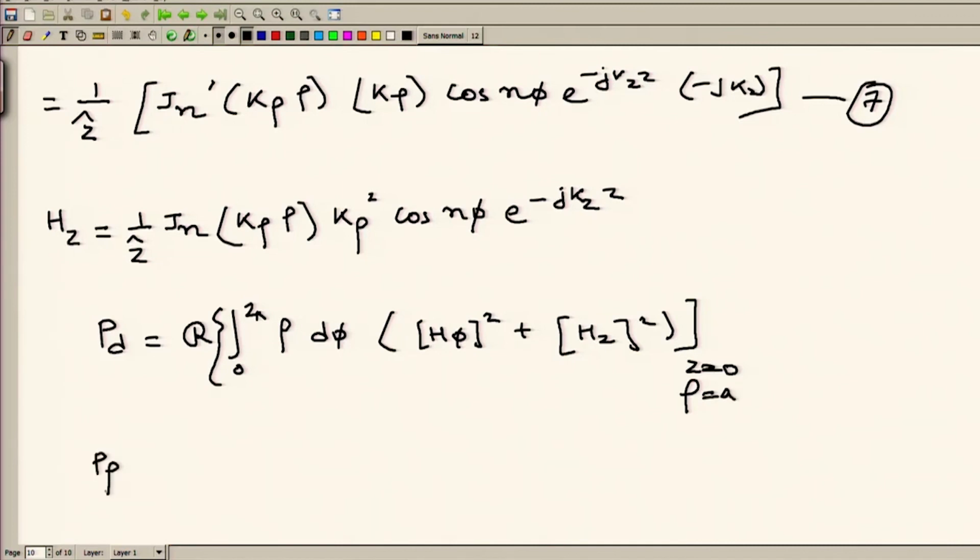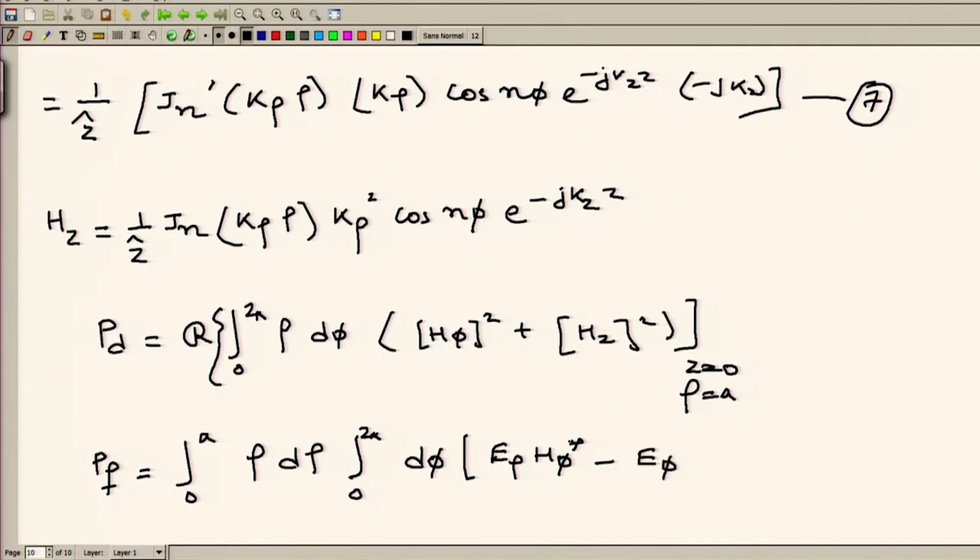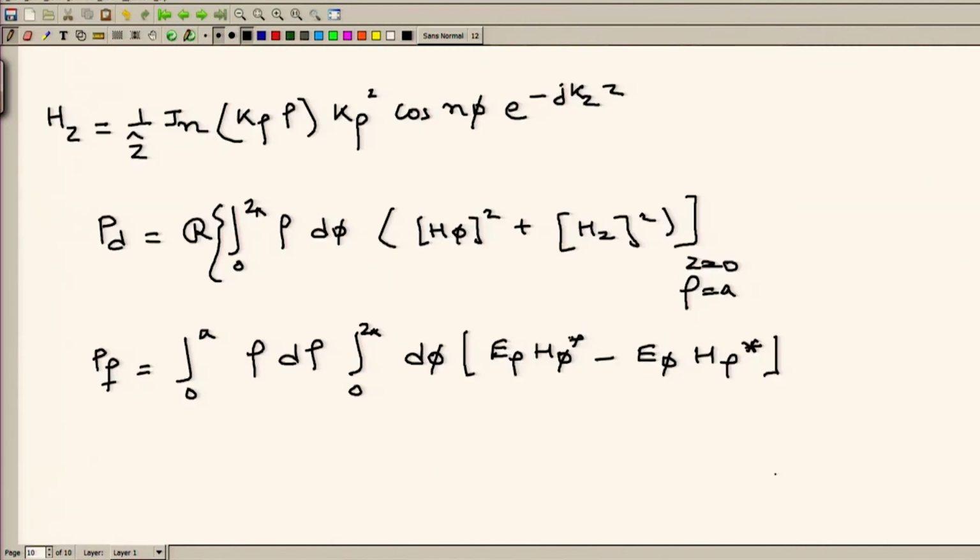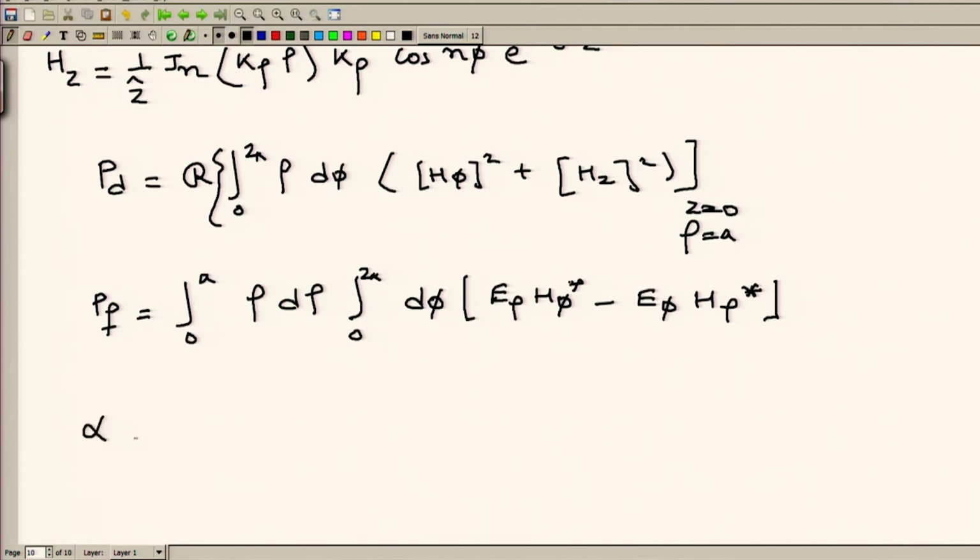And the power flow P f we can write as the integration from 0 to a of rho d rho, 0 to 2 pi d phi, then we have E rho H phi conjugate minus E phi H rho conjugate, and thus we can find the attenuation constant.